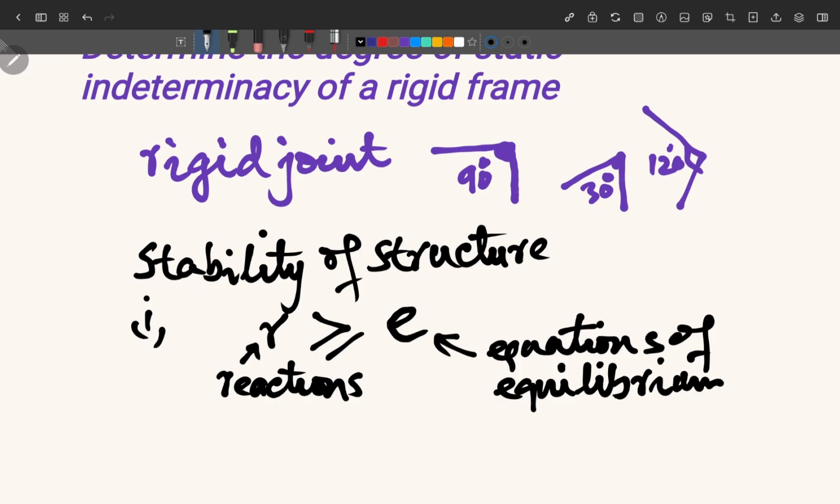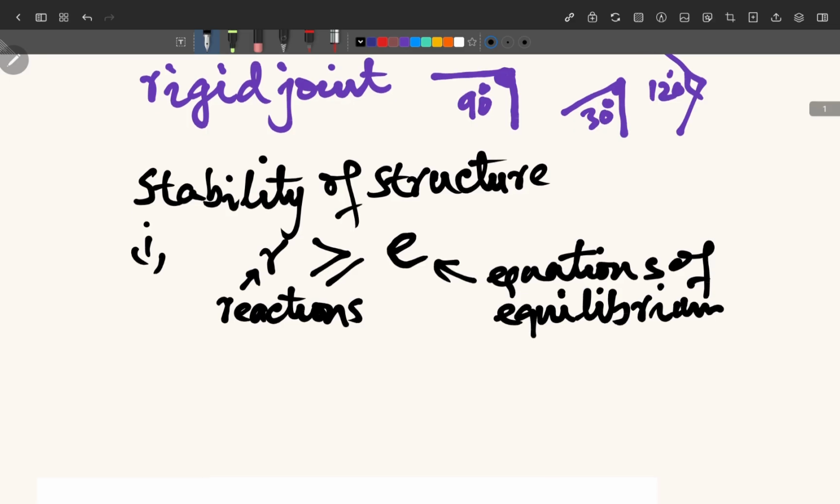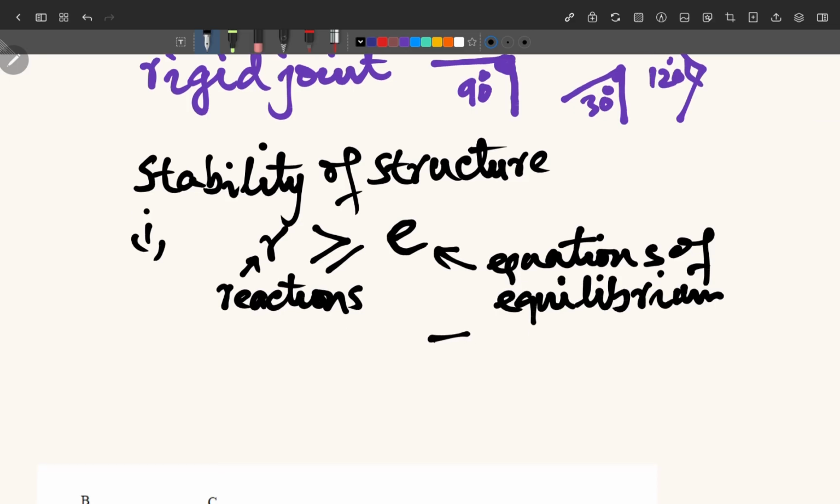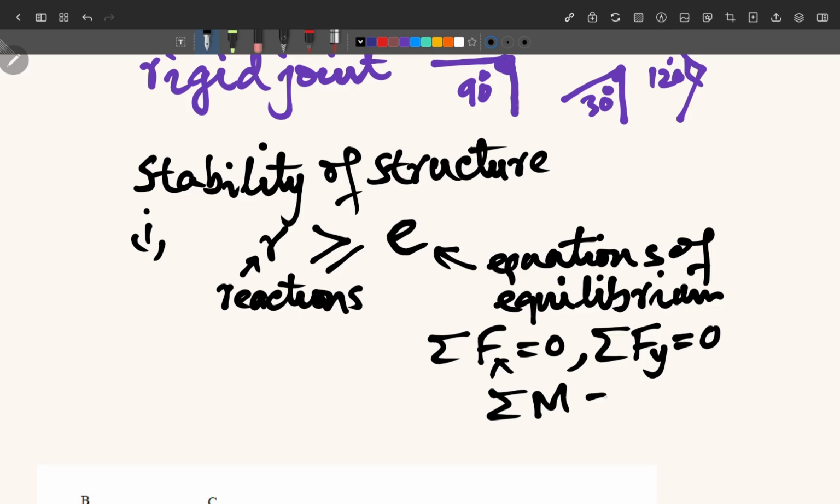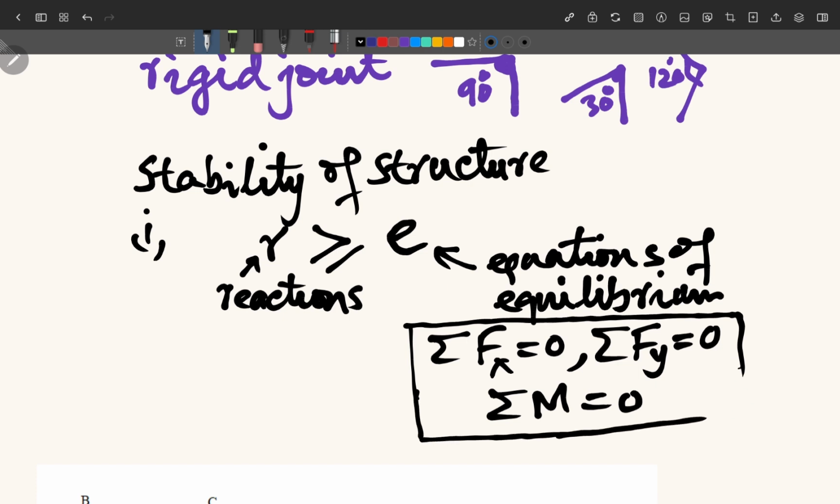And I think all of you know that these equations of equilibrium are sigma Fx equal to 0, sigma Fy equal to 0, and sigma M equal to 0 for a two-dimensional structure. And these are very important equations of static equilibrium, which we should know.